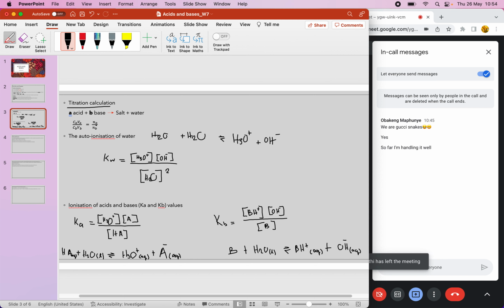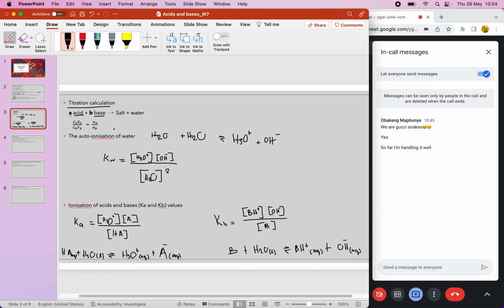You can calculate the number of moles of the acid and the number of moles of the base, and make that the subject of the formula. But the key thing is to identify what is your acid and what is your base.